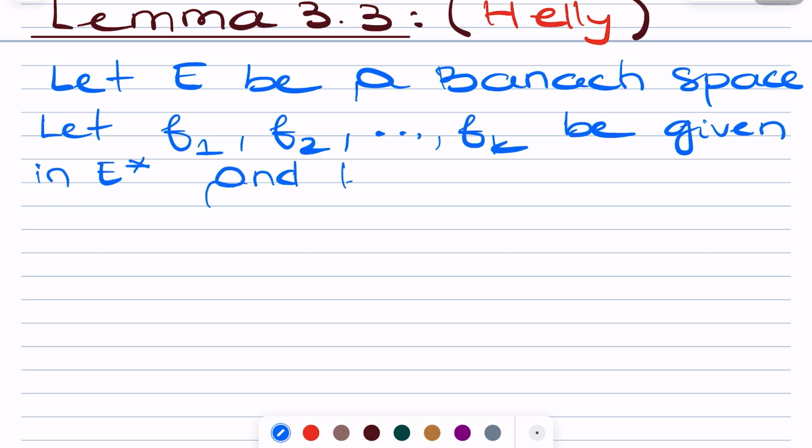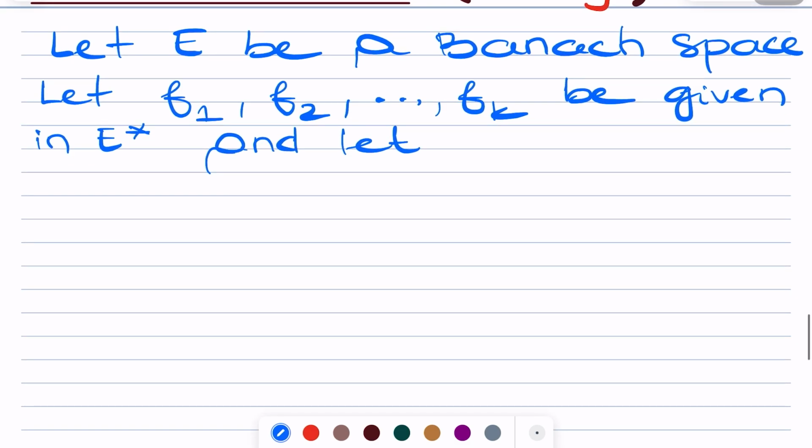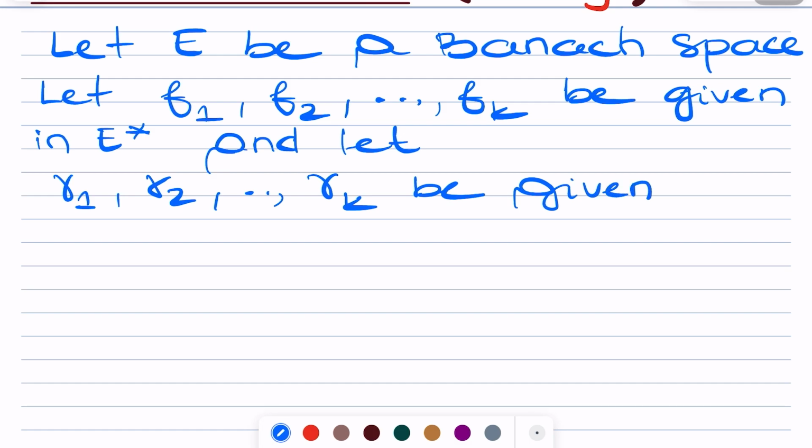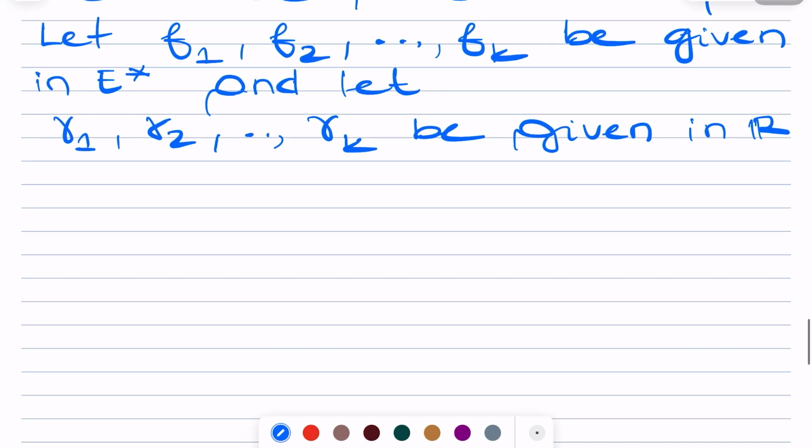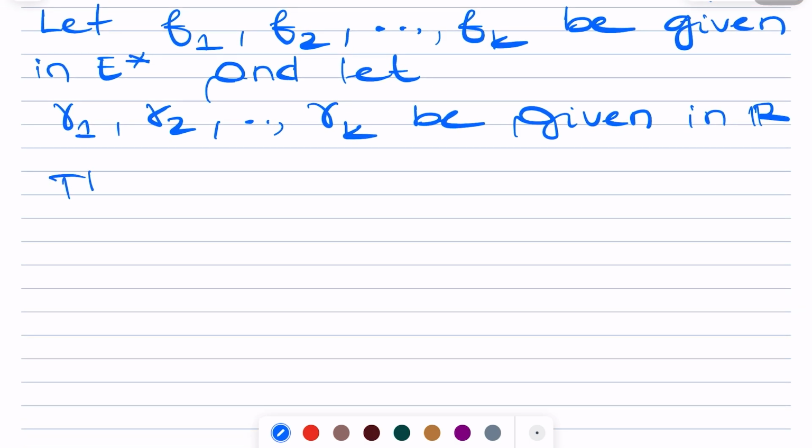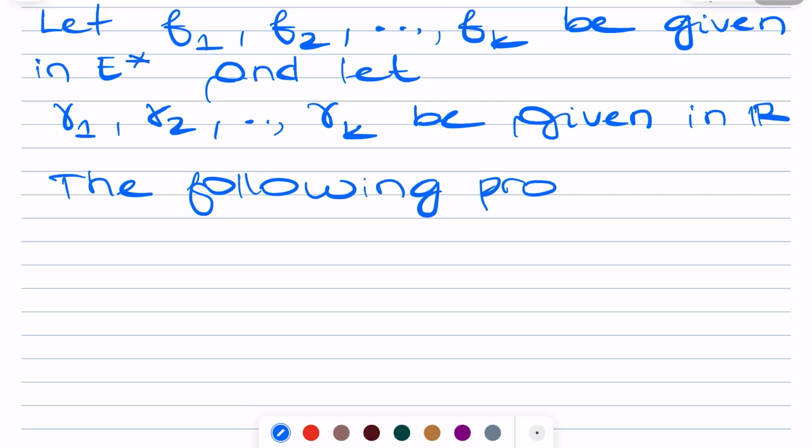And let's call gamma 1, gamma 2, up to gamma k be given as well in R. So the following properties are actually equivalent.